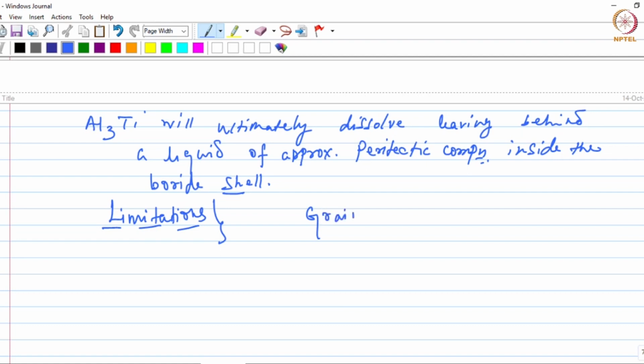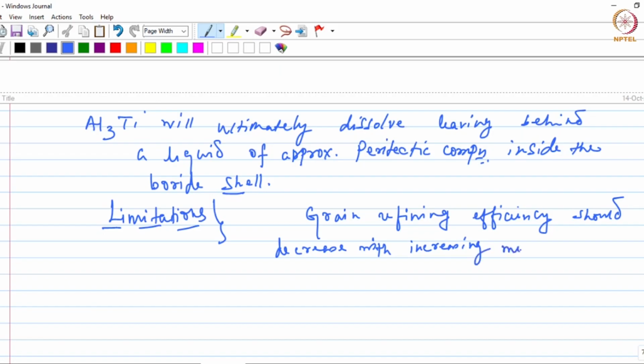Okay, so if you do this a number of times, that is melting and then again solidifying it, then the grain refining efficiency should decrease with increasing number of melting and solidification cycles, as this will allow the diffusion of titanium out of the hull.